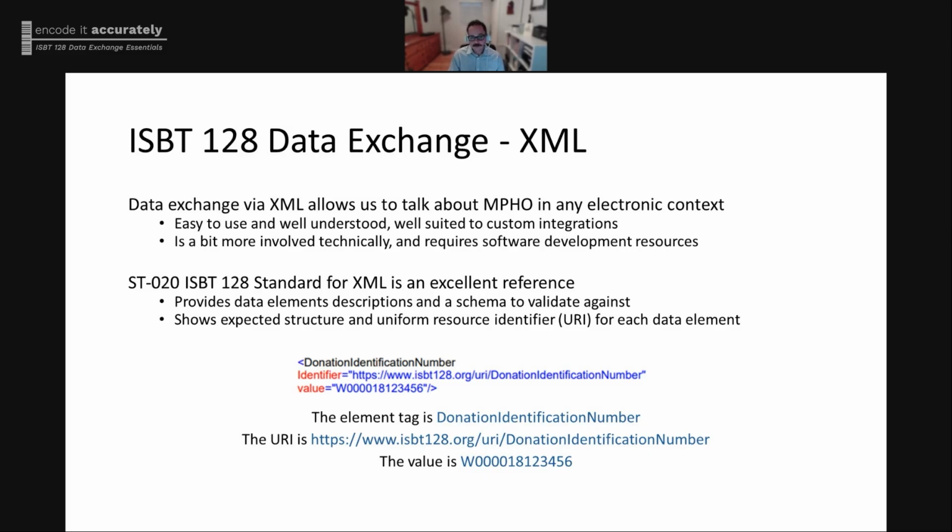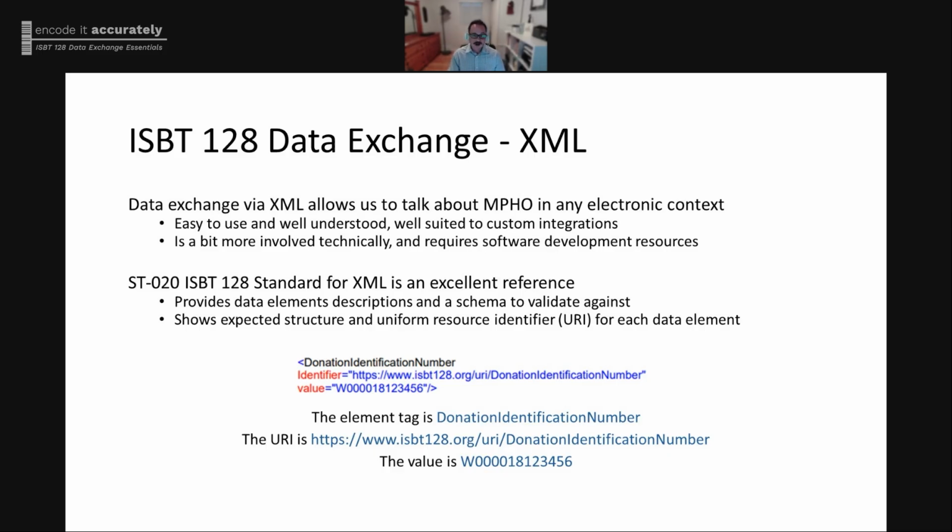The ISBT 128 ST020 standard for XML messaging provides important information, including schemas for message validation, information on data elements such as element tags and uniform resource identifiers, URIs, as well as common examples for how all of the detailed information for a MPHO can be transmitted off the label.